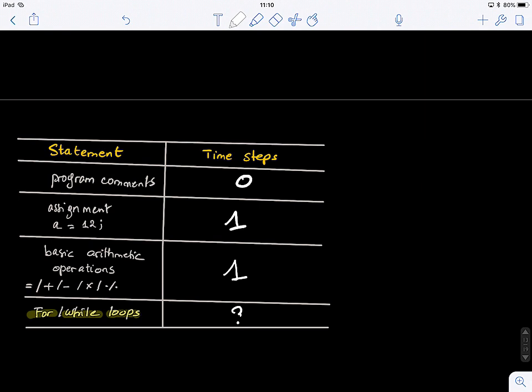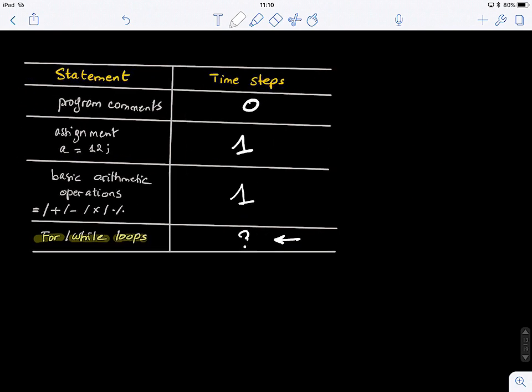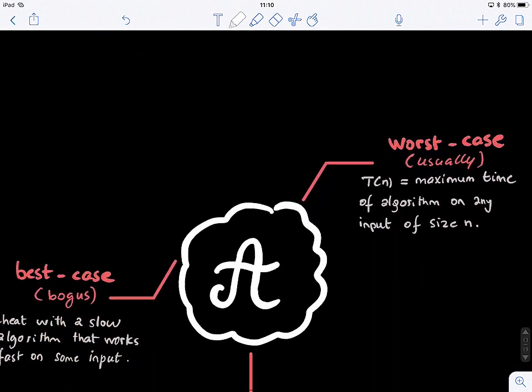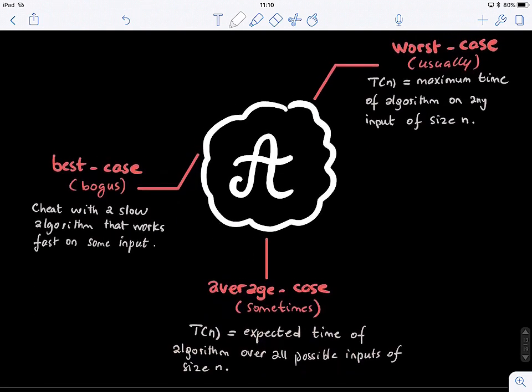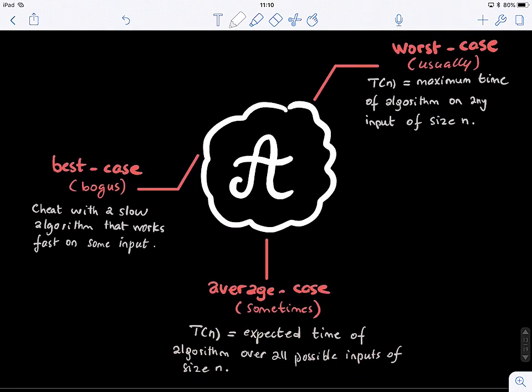We're going to be able to find the number of steps, okay? The other ones are very simple. So let's look at an algorithm. In terms of time complexity, we will look at different cases.